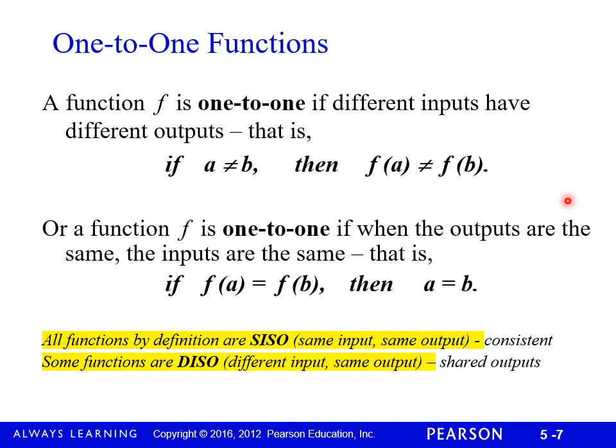Some functions, however, are DISO. For a different input, you have the same output. This is shared outputs, and that is allowed. You might think of your cell phone. Most cell phone plans have a gigabyte or data limit. Let's say your cell phone plan comes with 5 gigabytes of data.